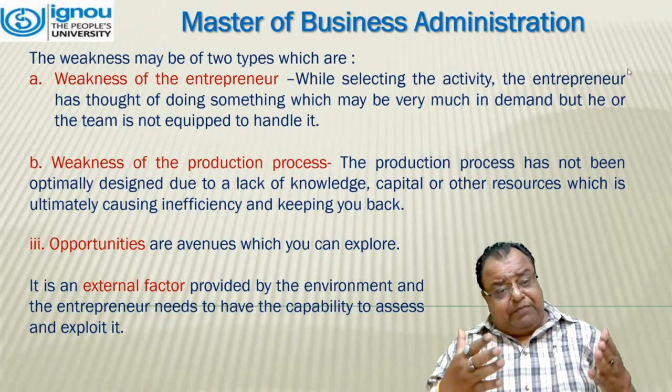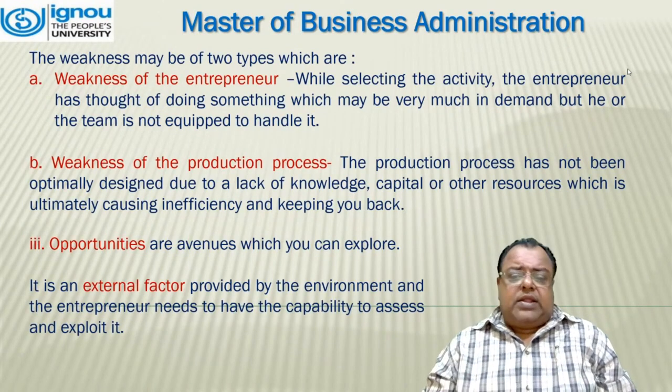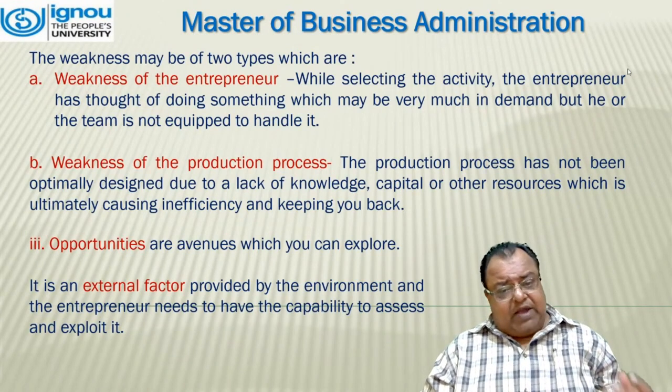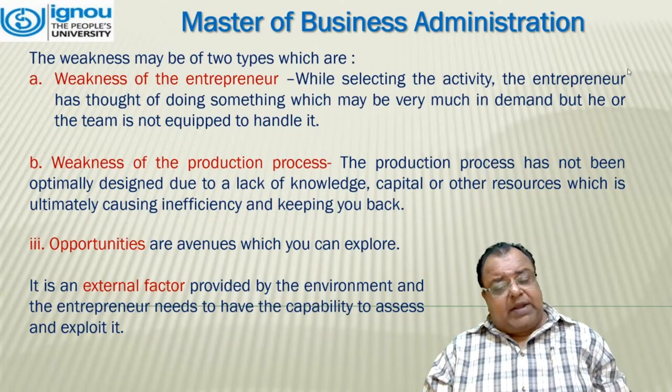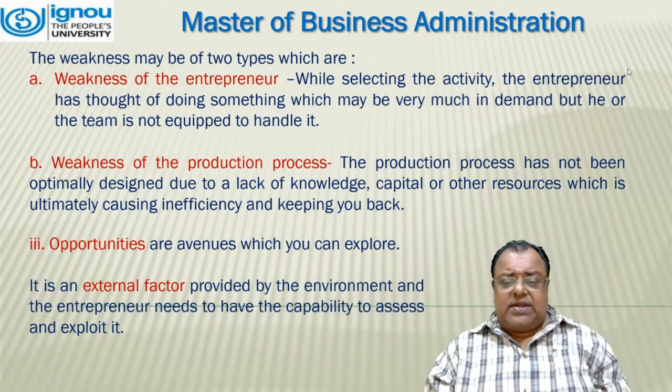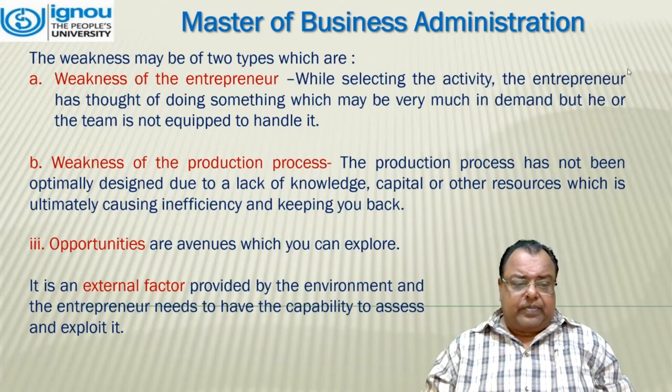Second one is the weakness in the production process. The production process has not been optimally designed due to lack of knowledge, capital, or other resources, which is ultimately causing inefficiency and keeping you back.